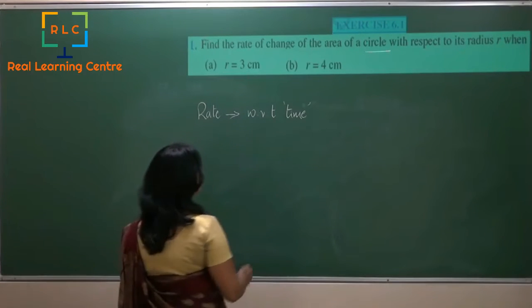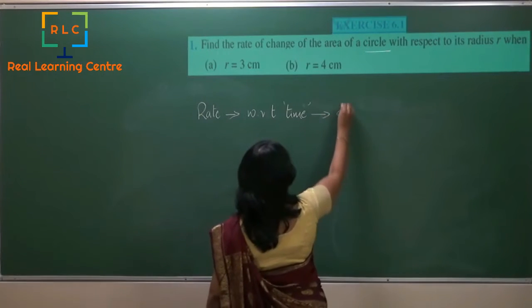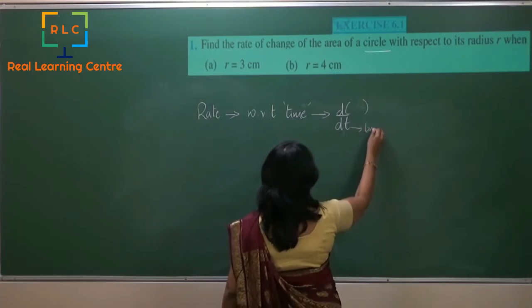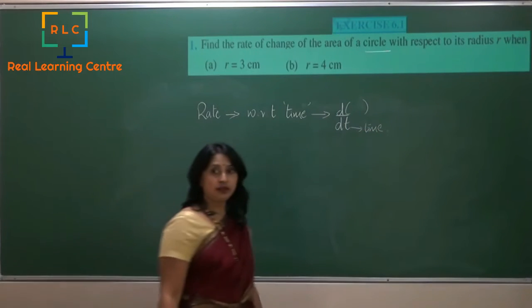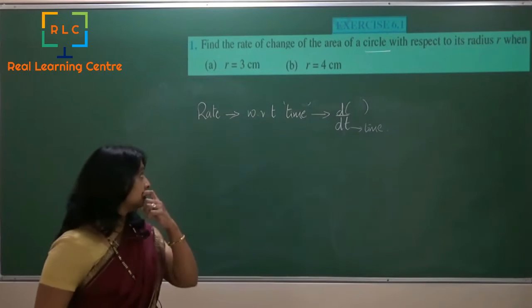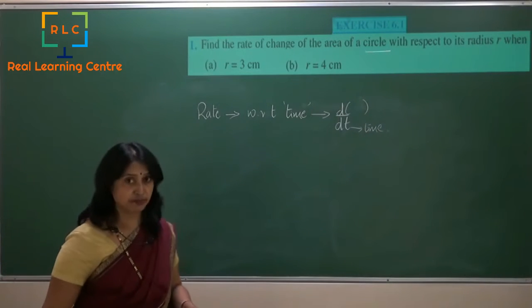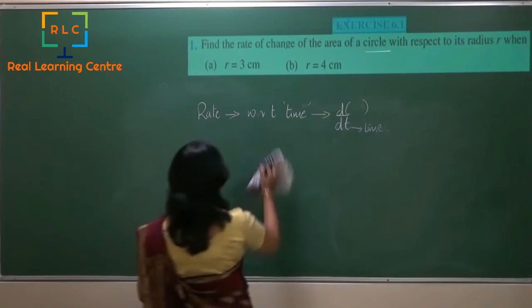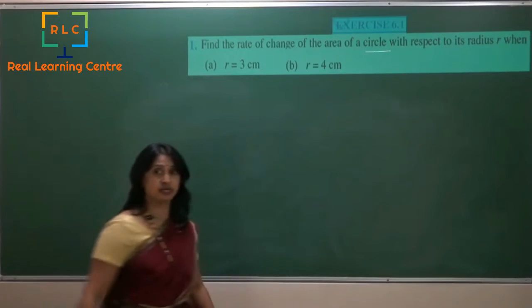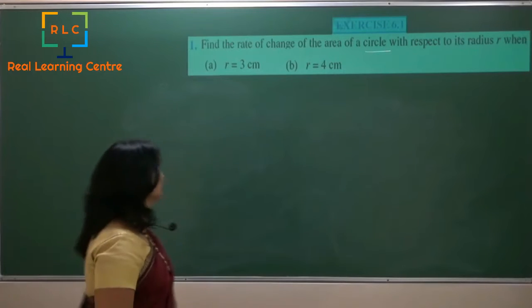Whenever I say with respect to time, rate, we say it is d by dt, where t indicates time. Alright. So other than time, if they ask you specially like this, exclusively with respect to something, sometimes it will be with respect to circumference, with respect to radius, but most of the times it's always radius other than time.